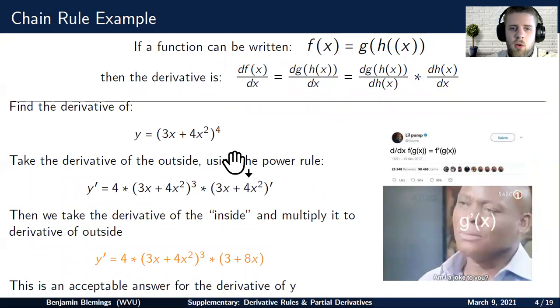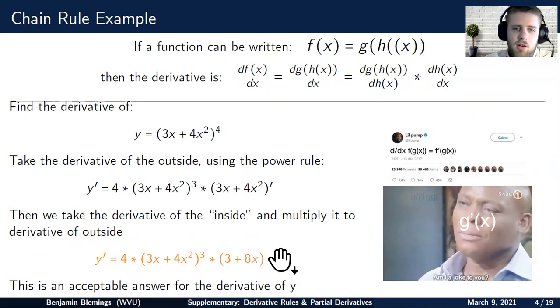We know that that is just 3 plus 8x after we do the power rule to both terms, because we can do the power rule to both terms via the addition rule. So we use the power rule, the chain rule, and the addition rule all in the same question. And so we get the derivative is 4 times (3x plus 4x squared) to the third power times (3 plus 8x).